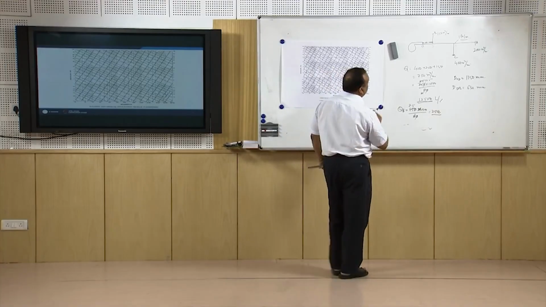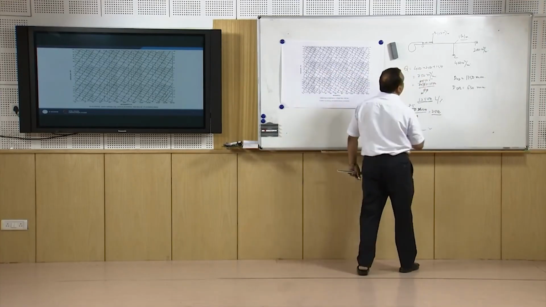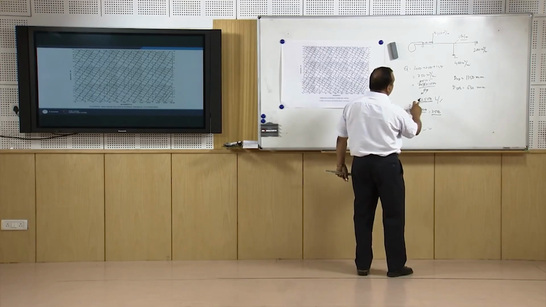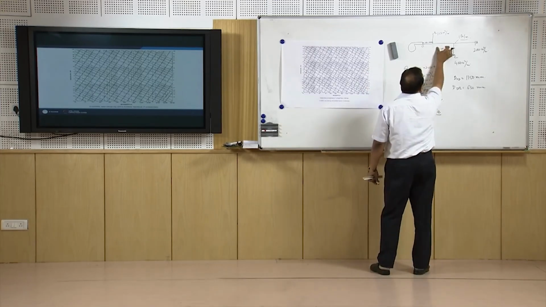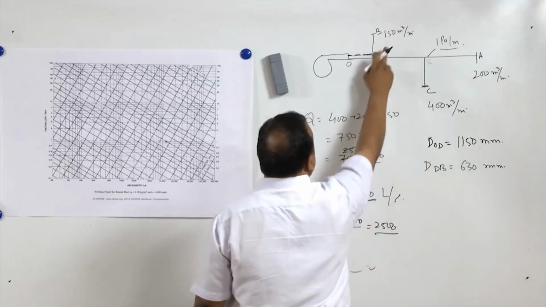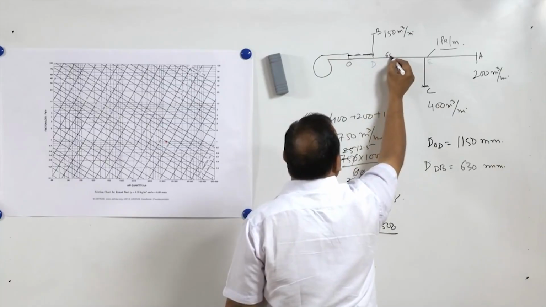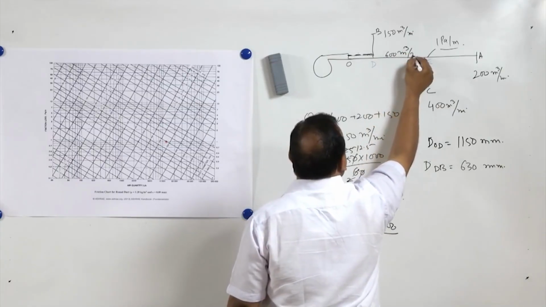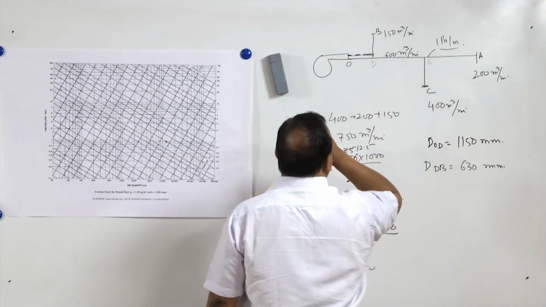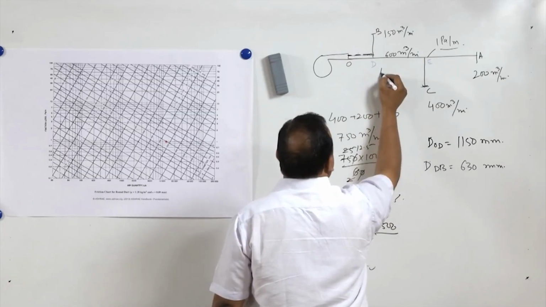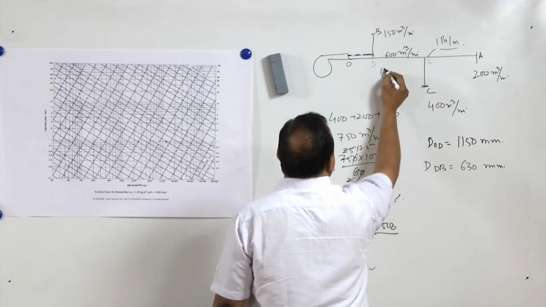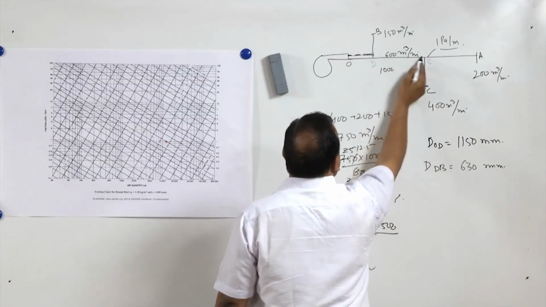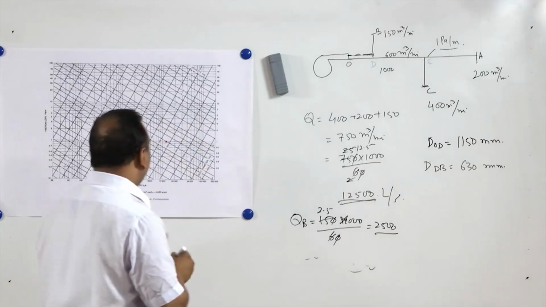Similarly, the diameter of DE. The flow through DE: total flow is 750 minus 150, 600 meter cube per minute, or how much? 10,000 liters per second.